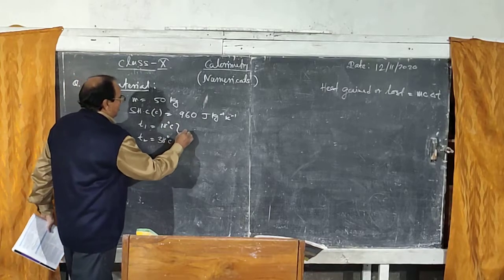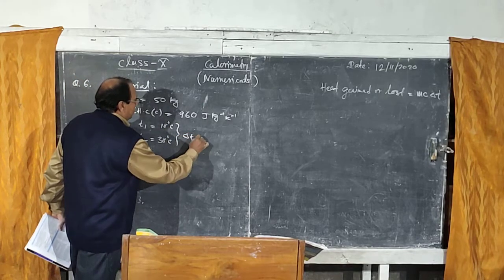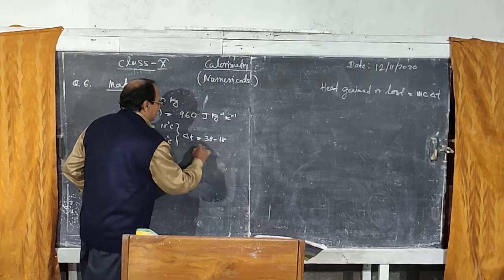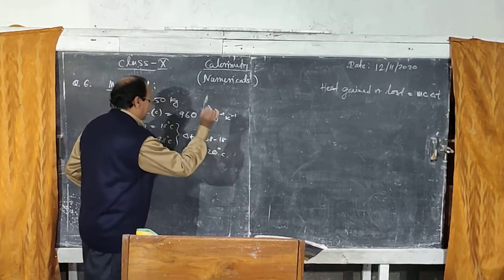So here you can find ΔT equals 38 minus 18, which is equal to 20 degrees Celsius.